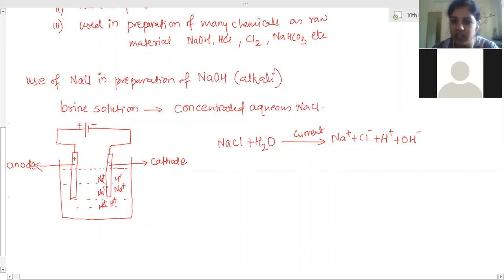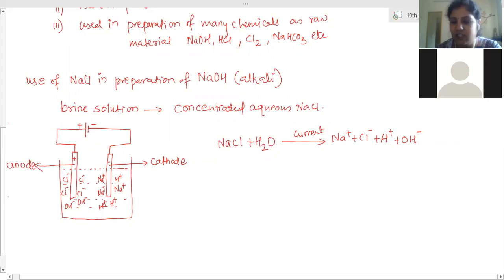And the negatively charged ions, Cl- and OH-, gather around the anode because opposite charges attract each other. The anode, being positively charged, attracts the negative ions, and the cathode, being negatively charged, attracts all cations, that is, positive ions. Now what happens?